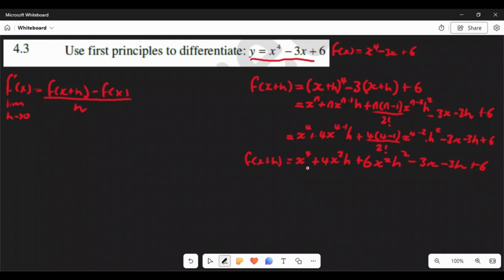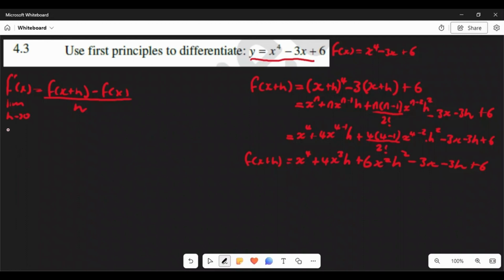I hope you guys can see it. It's very long, but this is how f of x plus h looks like, right? So from here we have to take this f of x plus h and substitute it there, while we also need to take this f of x and substitute them. So like I said, this needs more space, so let me try to continue here.